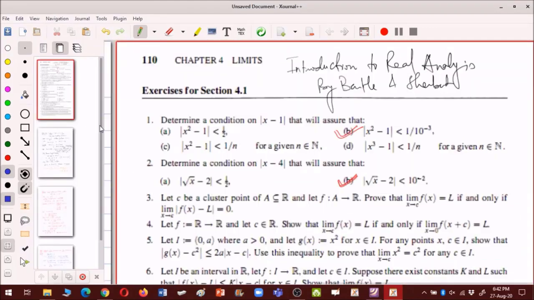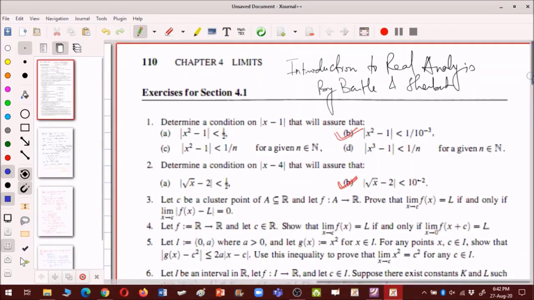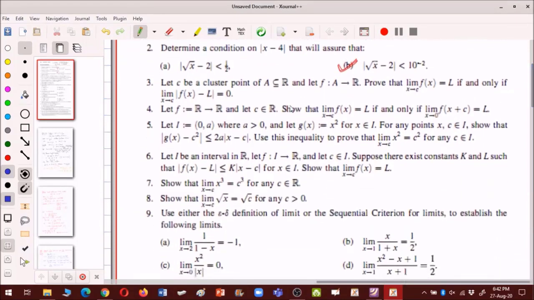Now let's move to question number 4. What it says is, we have to show that limit x tends to c, f(x) is equal to L if and only if limit x tends to 0, f(x plus c) is equal to L. So this time we have to make some changes in our delta.